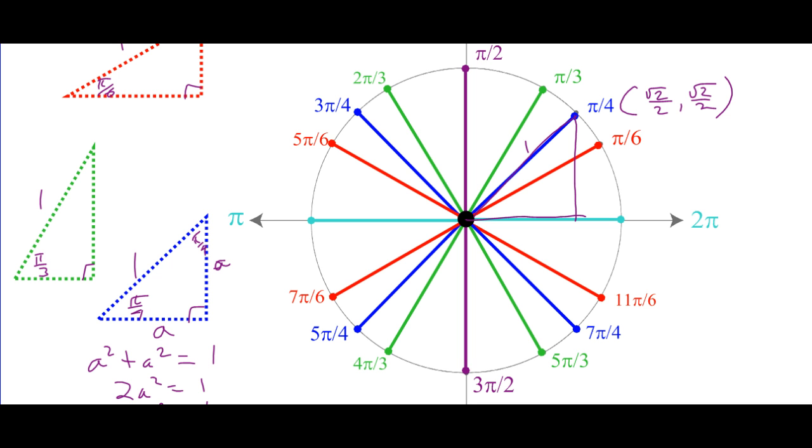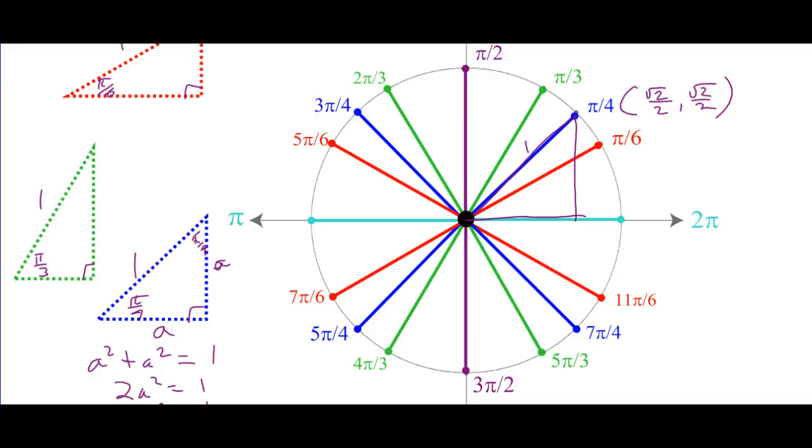And we know that the sine of this angle is opposite over hypotenuse, which will be root 2 over 2 over 1, and the cos is adjacent over hypotenuse. So sine is y over r, which will be root 2 over 2 over 1. So we've conveniently made r equal to 1, so that sine theta just becomes equal to y.